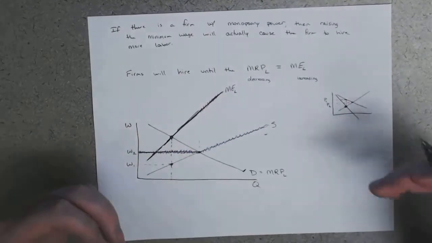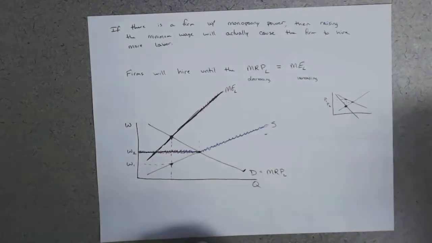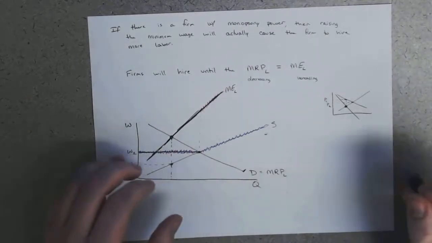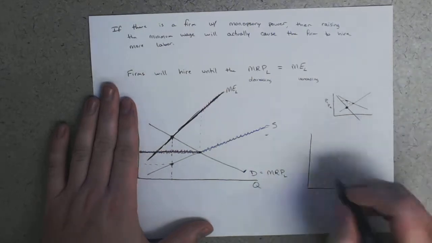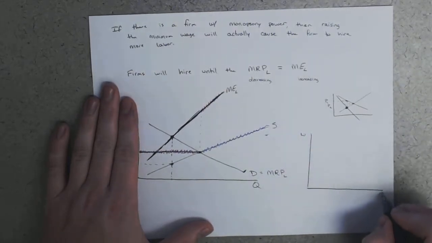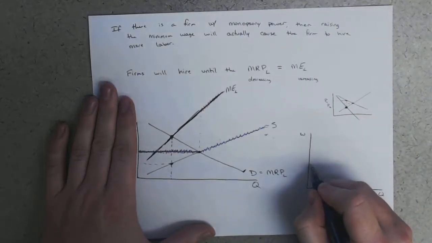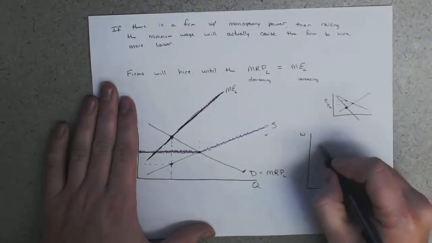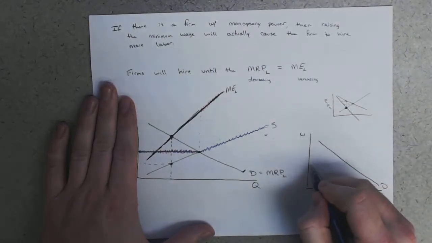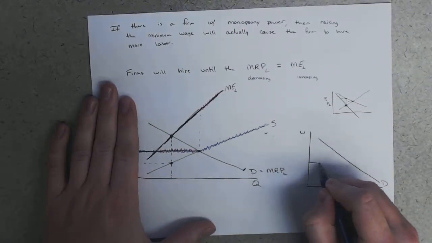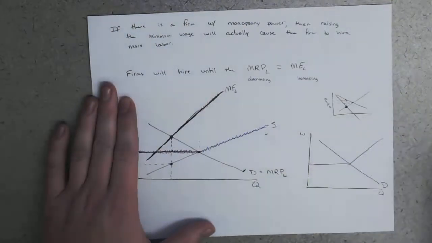And so you end up with this weird looking graph that, let's see if I can draw it well. All right, so what it looks like, if I have wage and quantity, you'll have the demand curve, and you'll have the kinked labor supply curve.